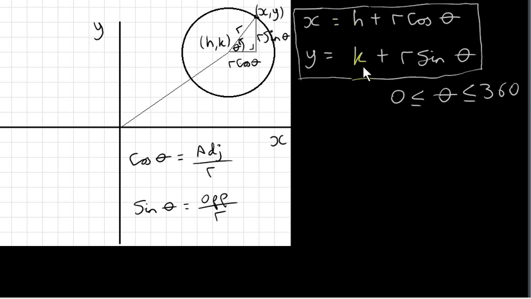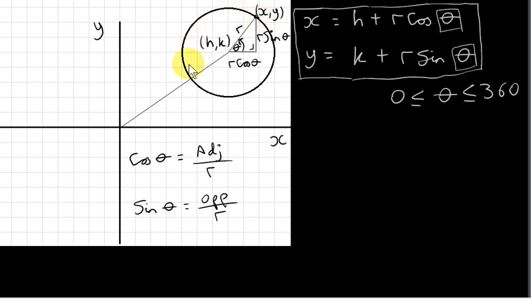So these two equations are often called the parametric form of the equation of a circle, because x and y depend on a single variable or parameter theta, where theta is an angle between 0 and 360 degrees. So the independent variable in each of these equations can be thought of as theta. h, k and r are fixed values, they're constants.